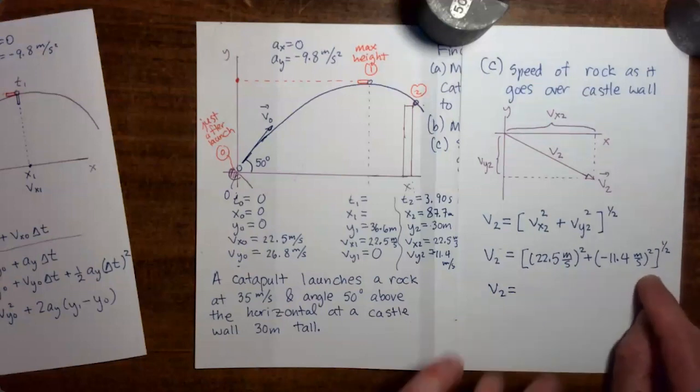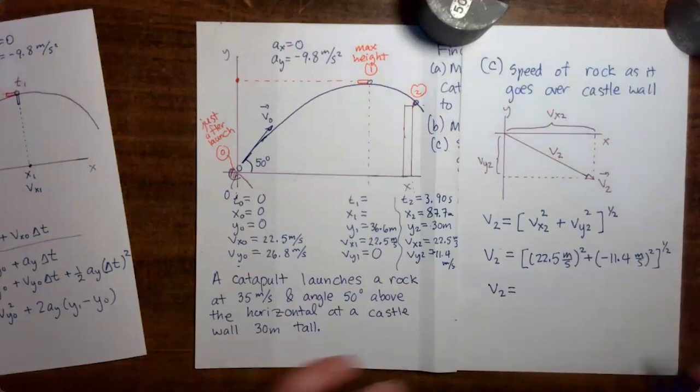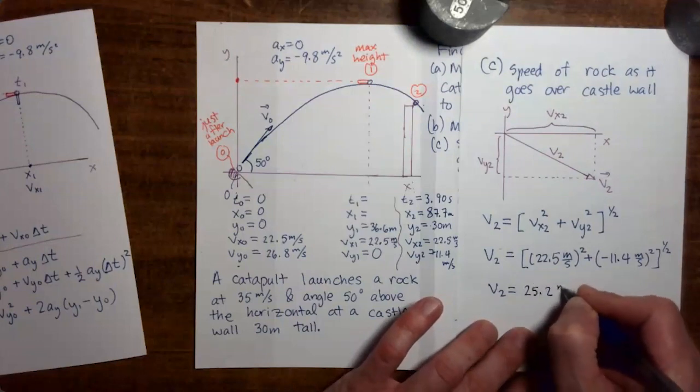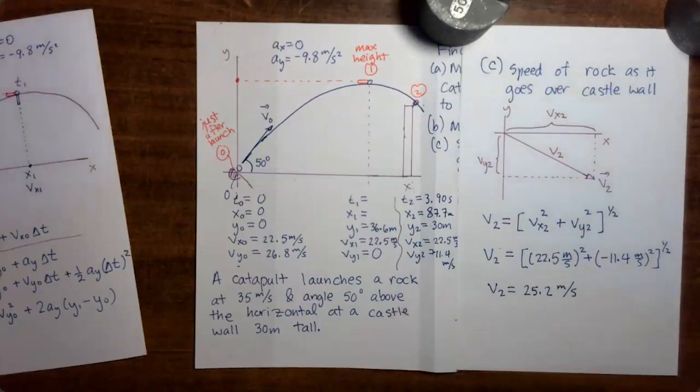Okay, put all that into your calculators. I got 25.2 meters per second. And now we have completed a second example problem involving a free-falling projectile moving in 2 dimensions.